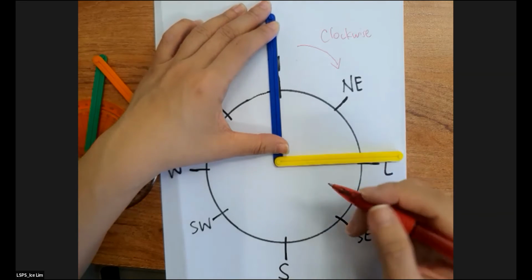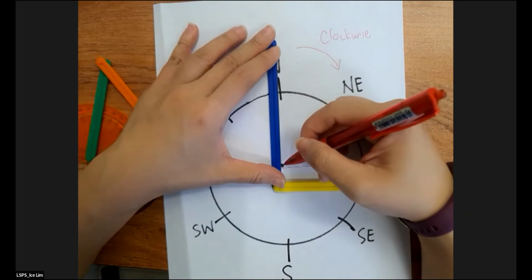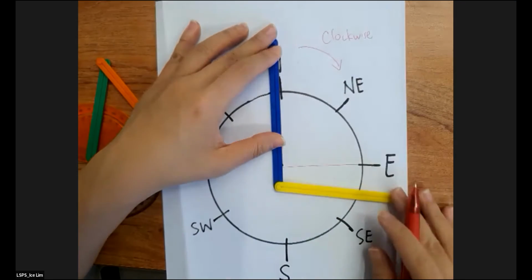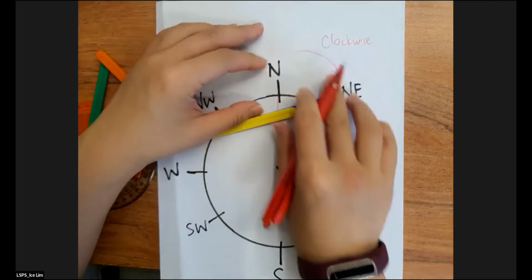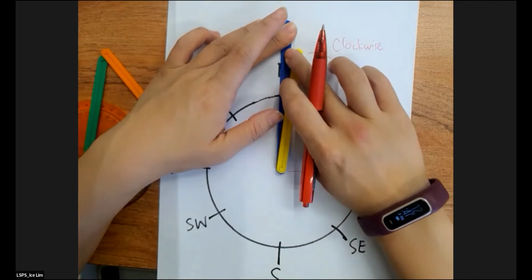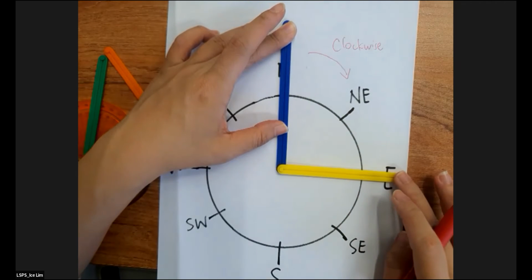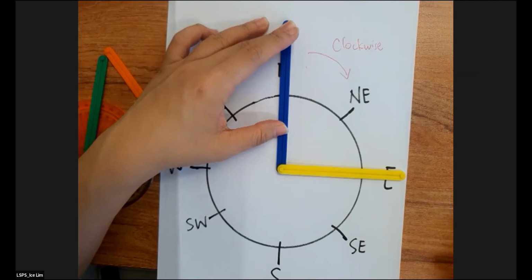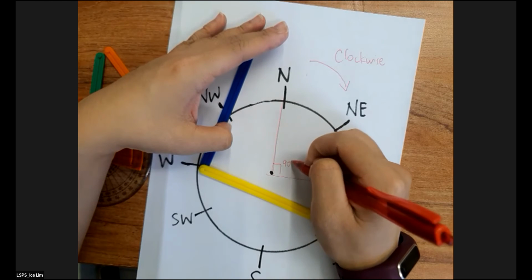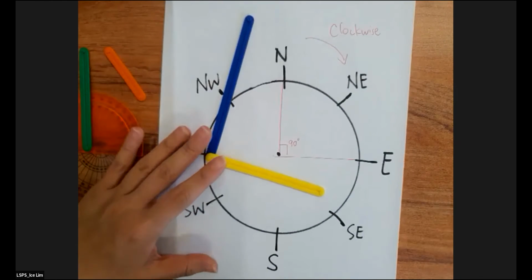Yes, very good. So I drew a meeting point there. From north, if I turn one of the legs to east, the angle formed is 90 degrees.